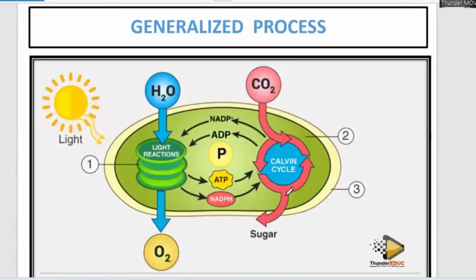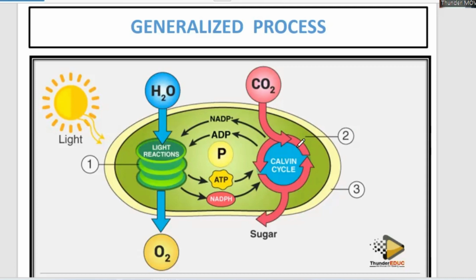So this is the generalized process. Step one, light strikes the leaf. The light is used to split the water. This light from the sun will split the water in the grana, and then oxygen is released. The hydrogen will enter the dark phase, including the ATP, and goes to the Calvin cycle.